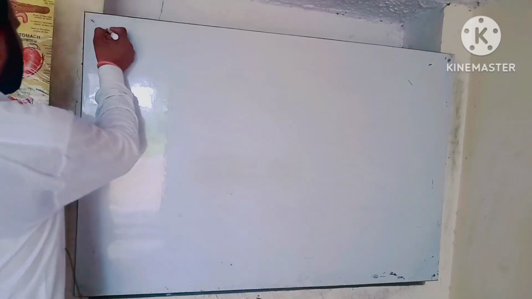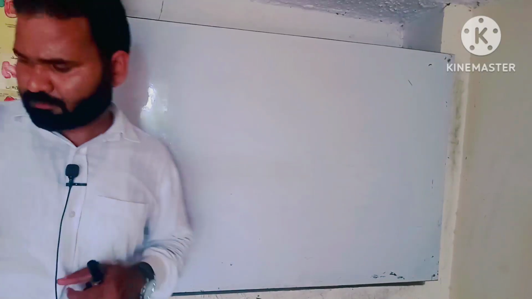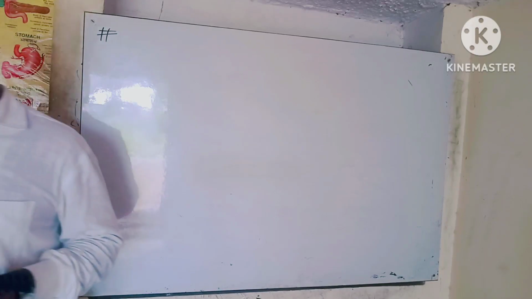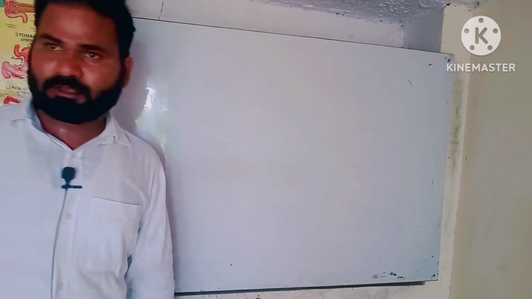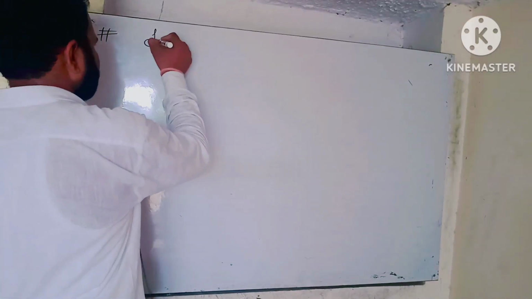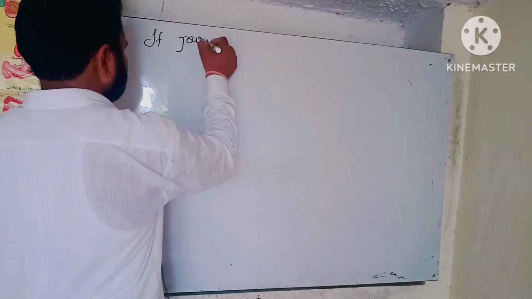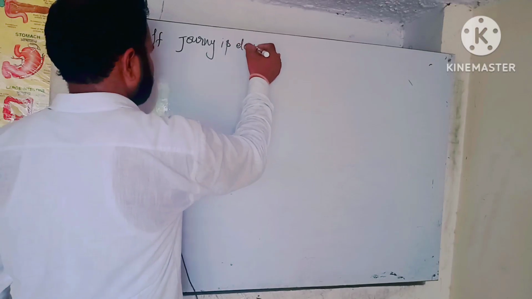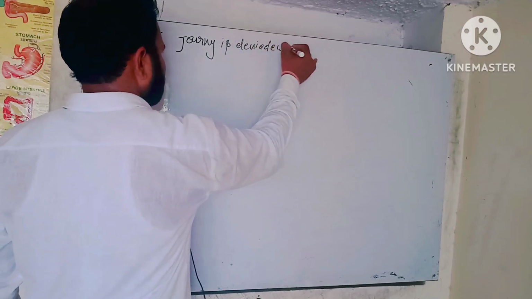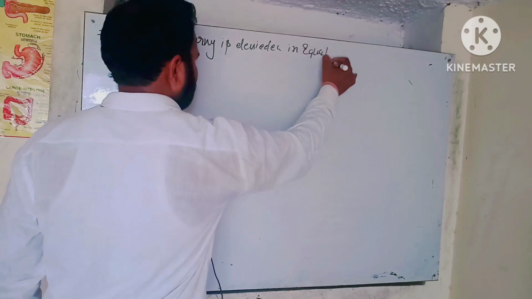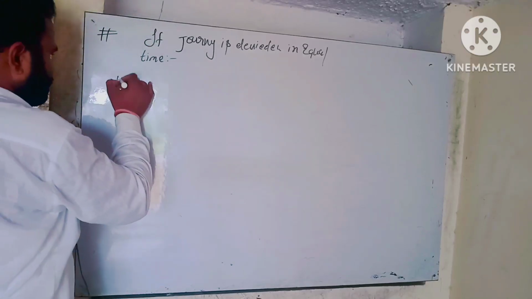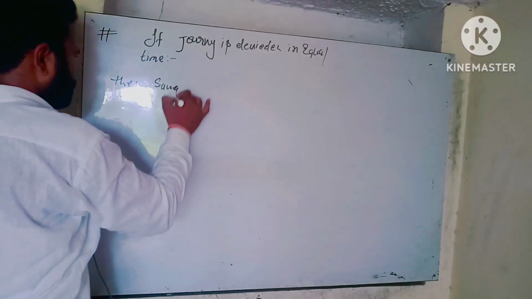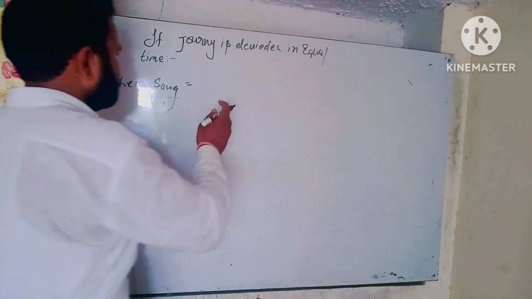Suppose a moving body, if the journey is divided in equal time, then what is the average speed?